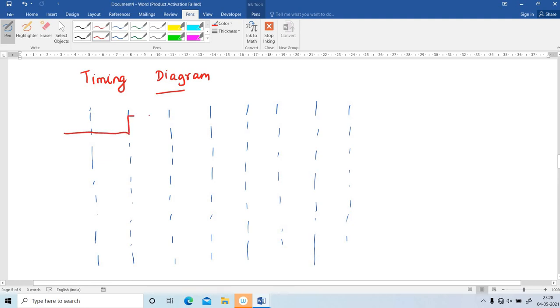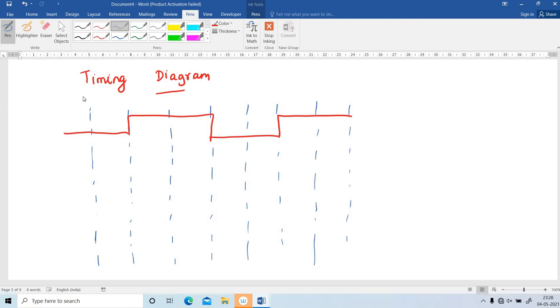Okay, first I have to plot S. 0, 1, 0, then 1. I have to put the value here. 0, 0, 1, 1, 0, 0, 1, 1.